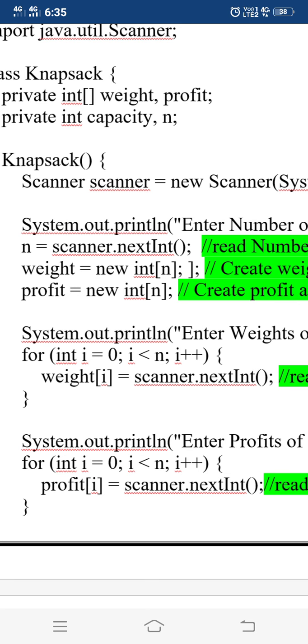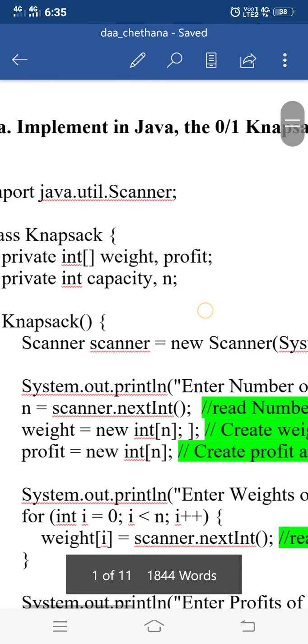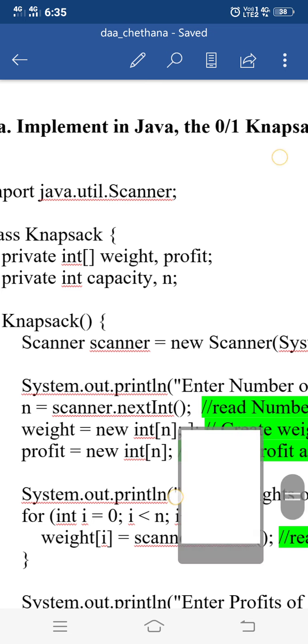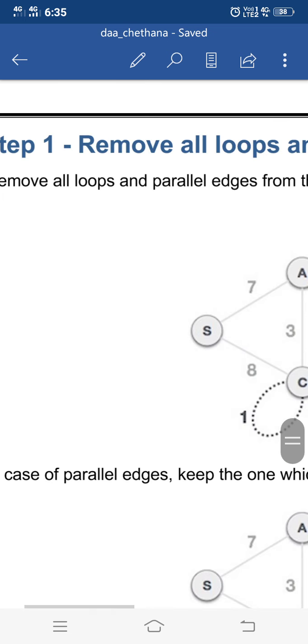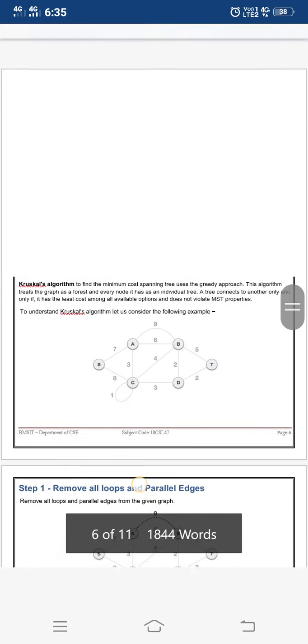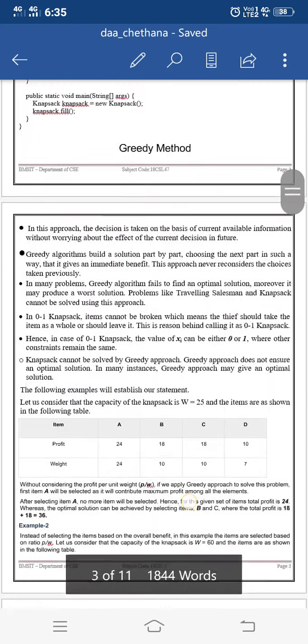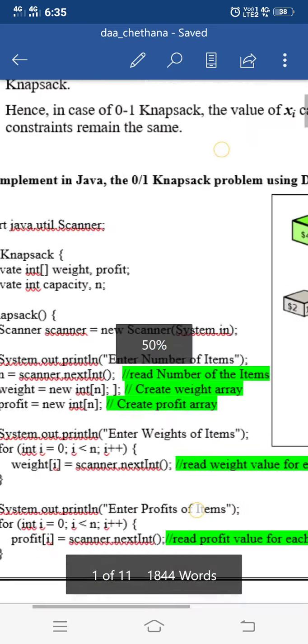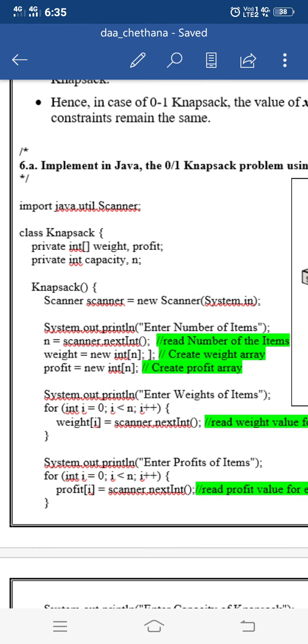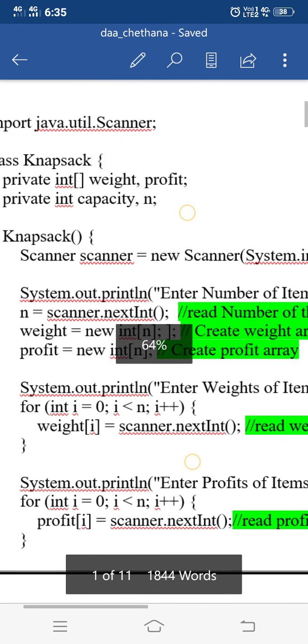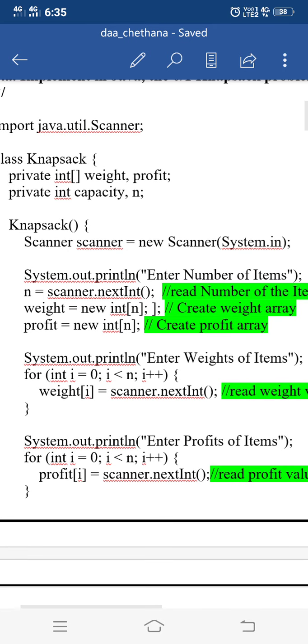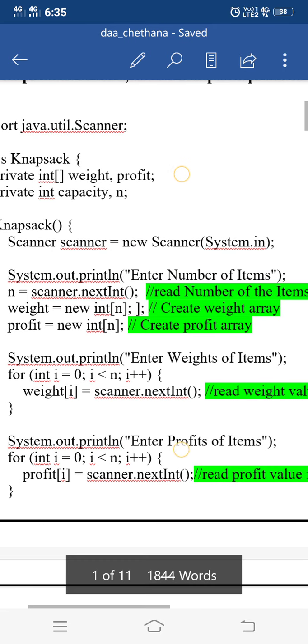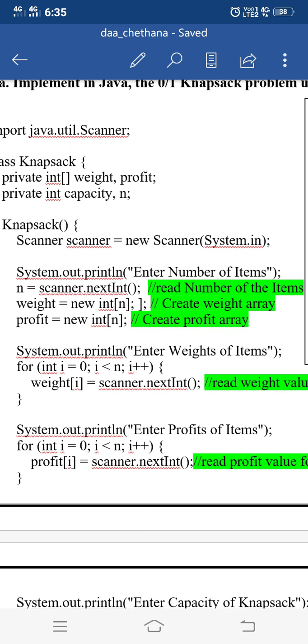To read the values we are making use of the scanner object. Scanner is the class which is present in the java.util package, and using the object of the scanner and the nextInt method, we are reading the values. The variable n is used to represent the number of items, and here we are creating the weight and profit arrays using the new keyword to allocate the memory.